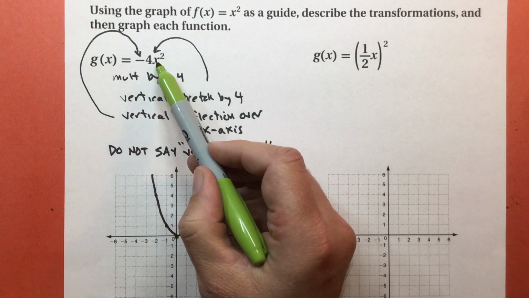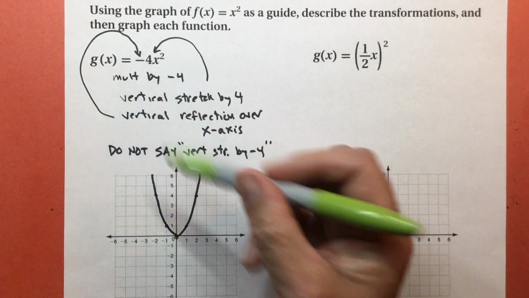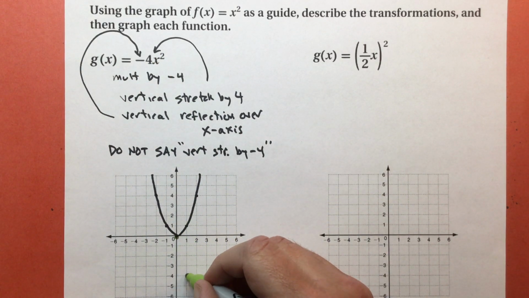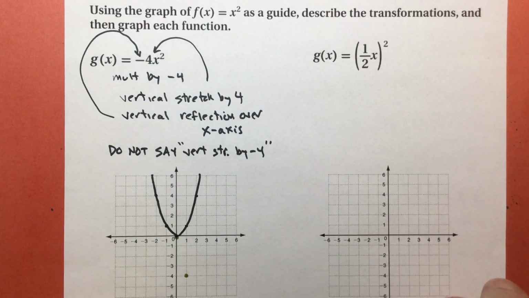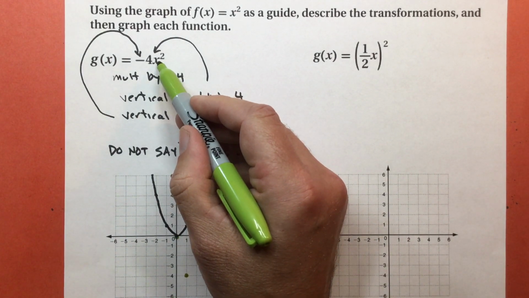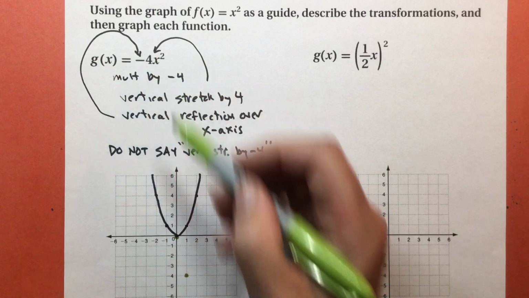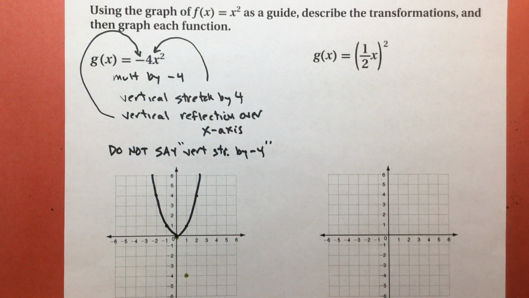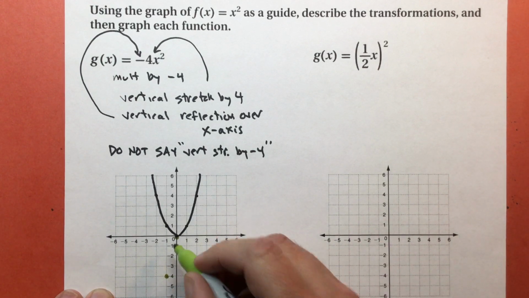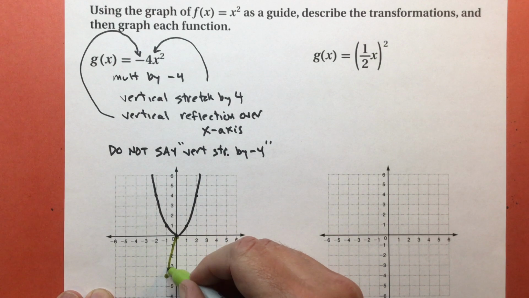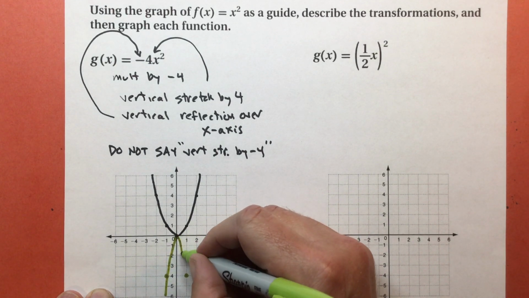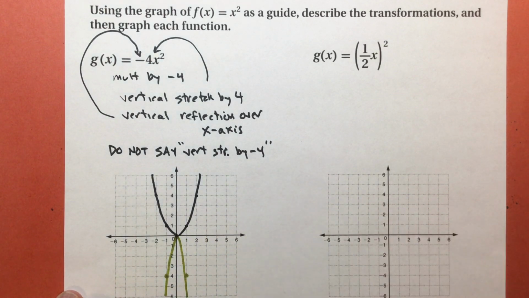Let's try 1. 1 squared is 1. Negative 4 times 1 is negative 4, which is right here. 2 squared is 4. Negative 4 times 4 is negative 16, which is going to be way below here because it's being stretched down. So the only other point I'm going to have here is negative 1, negative 4, and then my graph is going to be very skinny, and it's going to be upside down. So it's going to look like that.